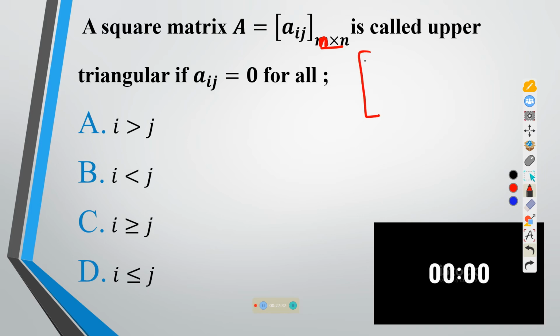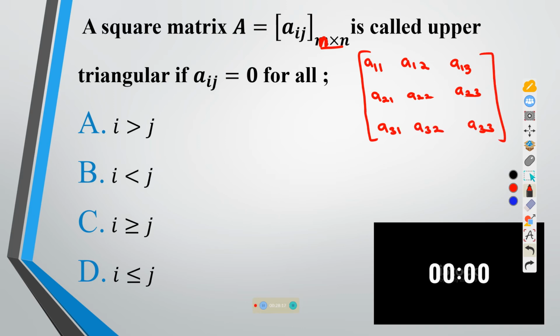We can think about a square matrix, maybe a 2 by 2 with A11, A12. Let us look at a 3 by 3: A11, A12, A13, then A21, A22, A23, and lastly A31, A32, and A33.